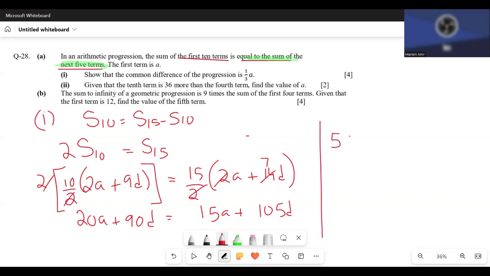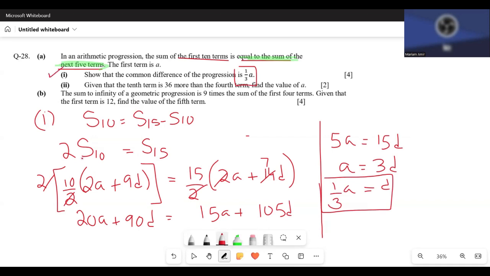Rearranging, we get 5a equals 15d. Rearranging again, we get a equals 3d, or d equals 1/3 a, and that is what we were supposed to show: the common difference equals 1/3 of a.